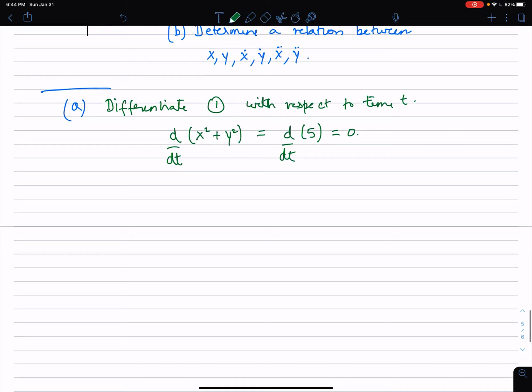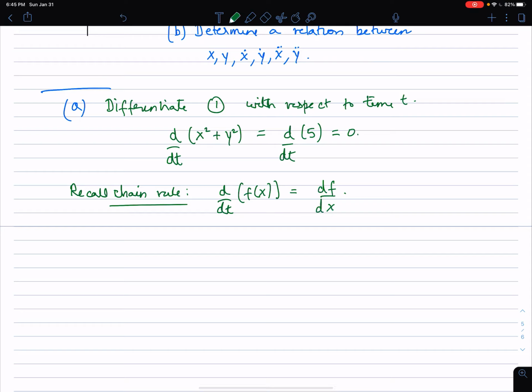So recall essentially the chain rule. d by dt of some function f of x is going to be df by dx and then dx by dt.